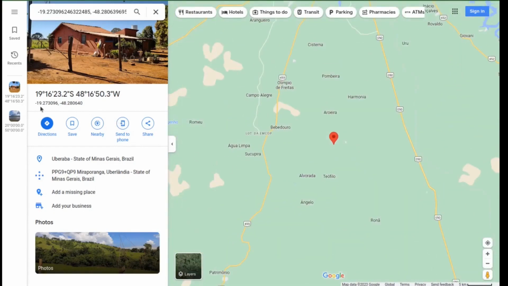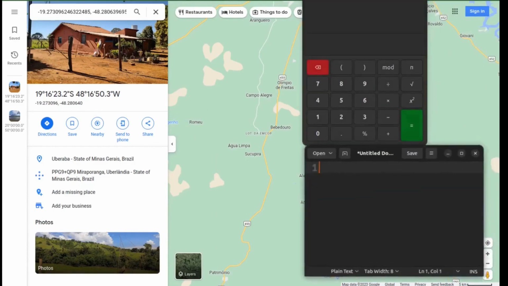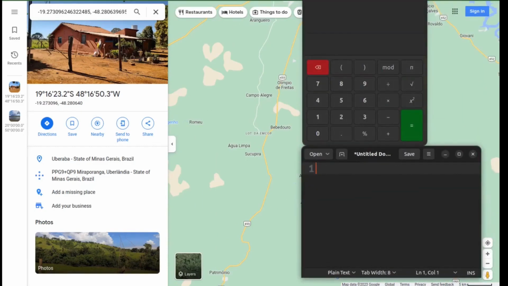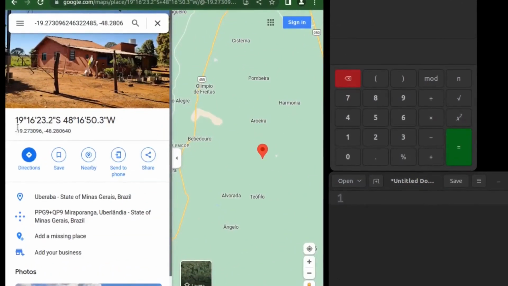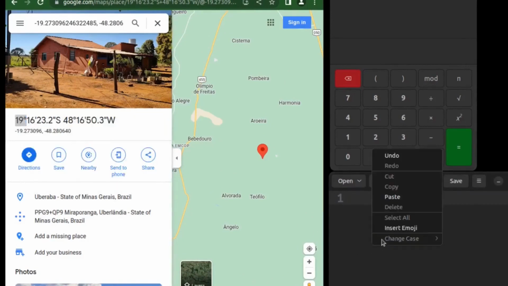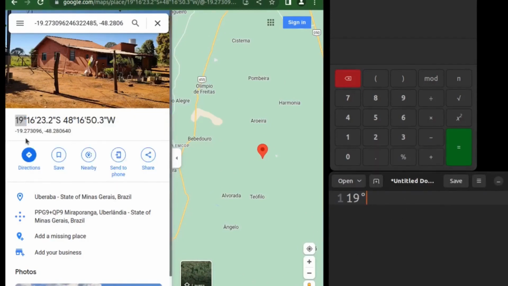Now let's see how to convert this to this. First, the degree is same, so we put it here, and since it is negative, put S to indicate it's south of the equator.